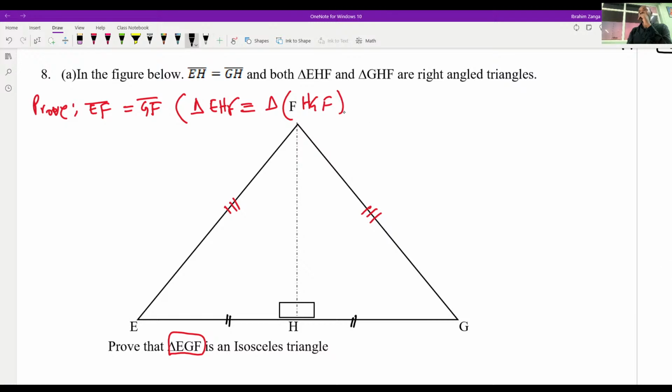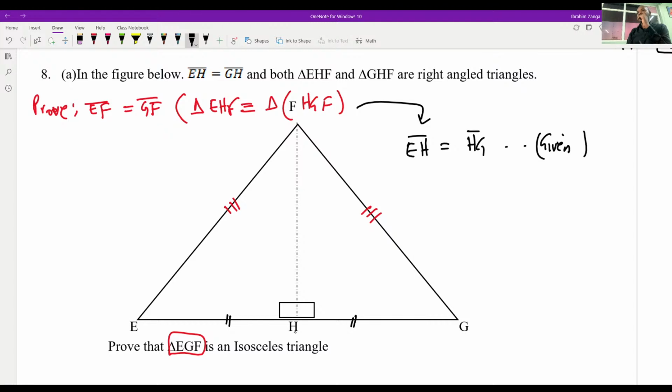And to prove that, we are going to proceed here by using the following details. First of all, we are given EH in the first triangle is equal to HG. So basically this is given information.